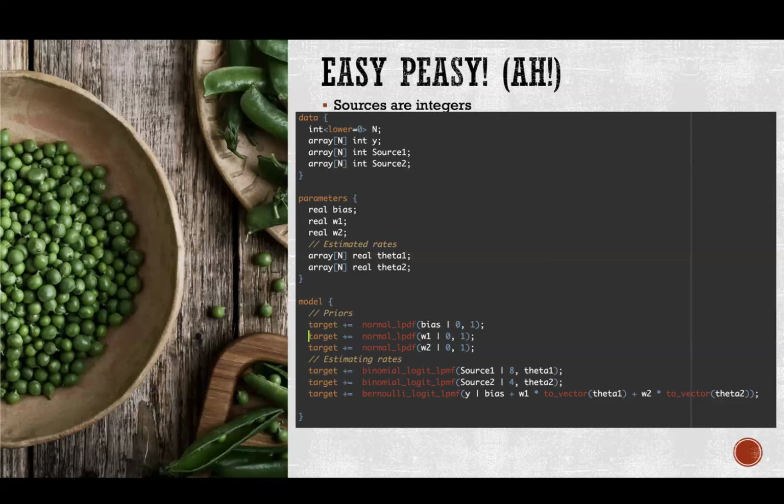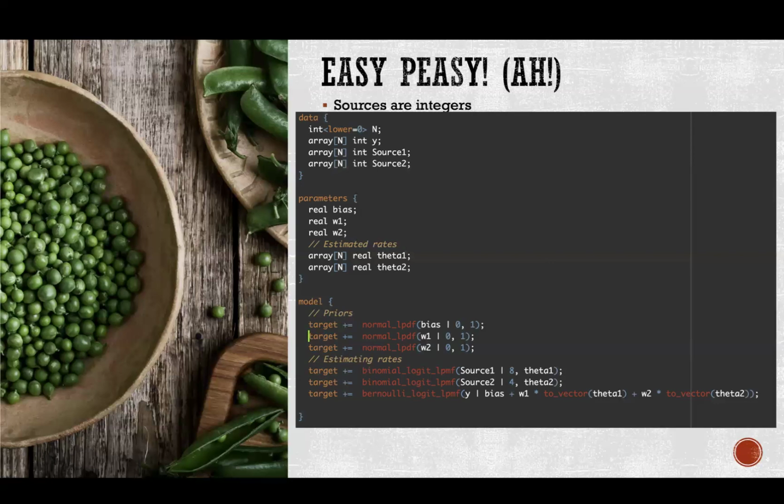Right, so we respect the usual formula. We say there is a distribution which has an outcome and underlying parameters. But now we know the outcome and one of the parameters, and we're asking Stan to estimate the underlying rate.